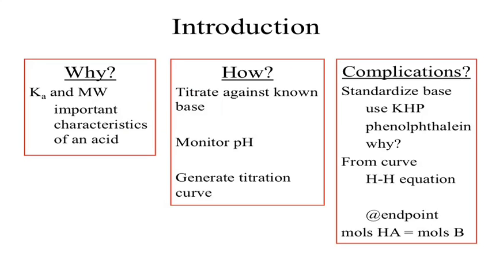If we have an unknown acid and want to identify something about it, the Ka is helpful because we get an idea of its reactivity, and the molecular weight is helpful because that gives us an idea of what the acid is. We could start to extrapolate structural information or formula information from it. Those are really important aspects for this experiment.